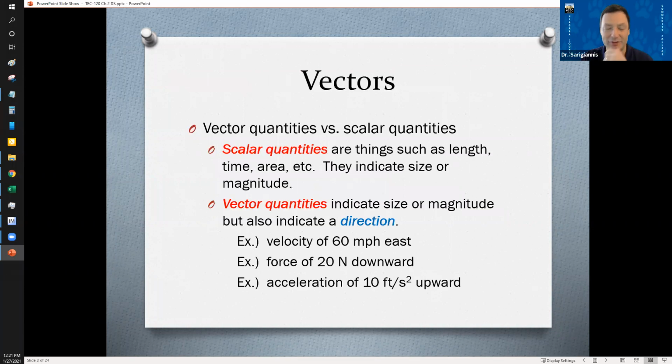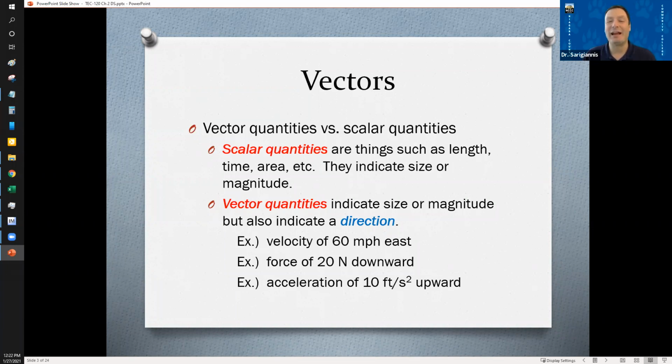So let's see, vectors, scalar quantities. Okay, remember, scalar quantities are things that have size or magnitude, but you don't have a direction associated with them, right? So things like time, right? It took him 60 seconds to walk down the driveway. 60 seconds, right?